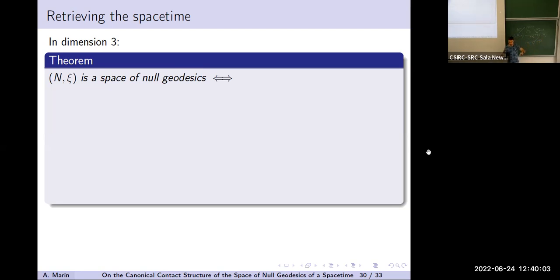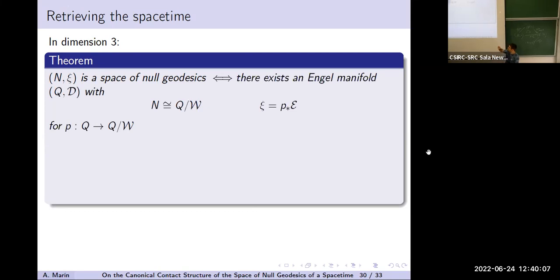So a three-dimensional contact manifold is the space of null geodesics of something if and only if, and I'll try to walk through this. I'm going to ask for the existence of another four-dimensional Engel manifold, and this gibberish here only means that this Cartan prolongation belongs here.